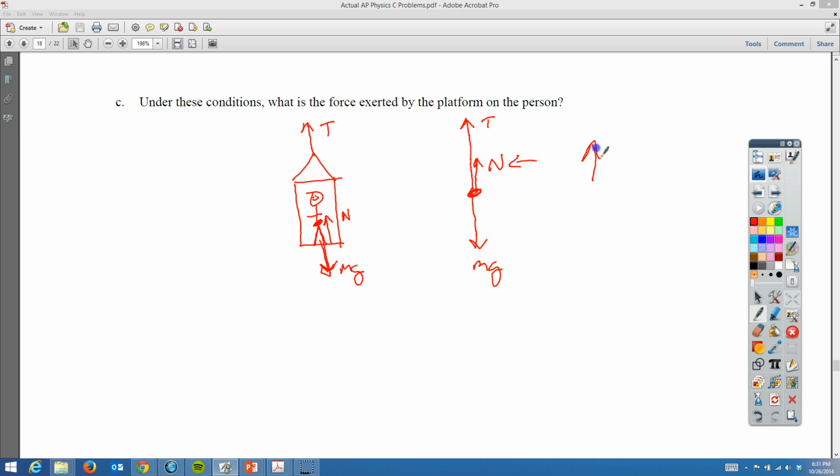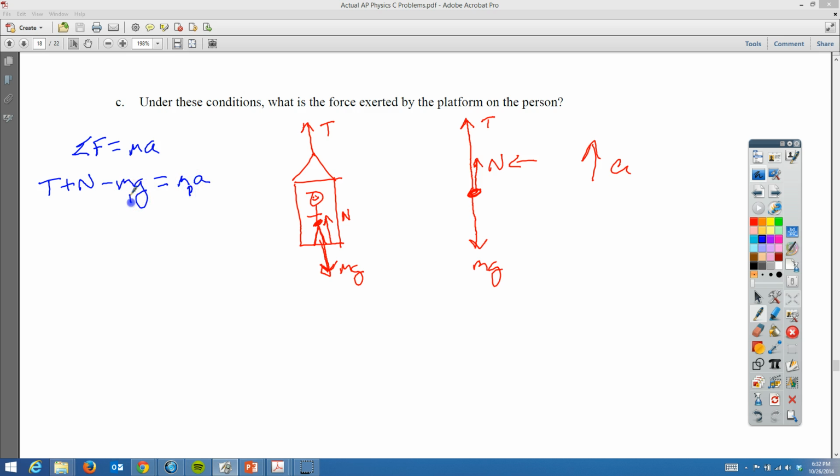But we have to remember that this thing is also accelerating up. So the sum of the forces for this one are equal to the mass times acceleration. This time we only have one T going in the upwards direction, but we're going to add to that the normal force and subtract from that mass times gravity. And that should be equal to the mass of the person times that person's acceleration.